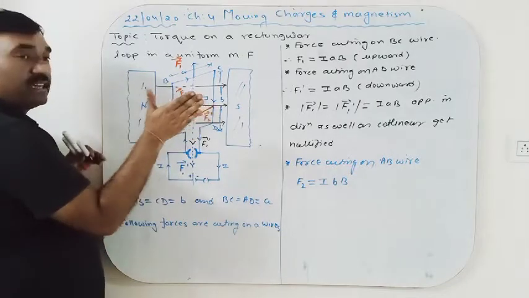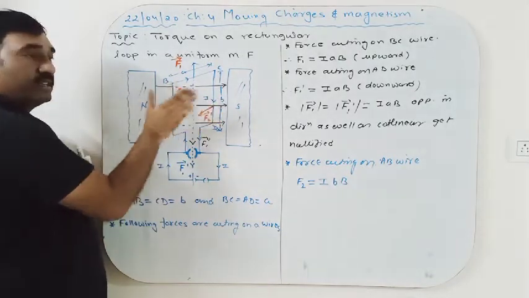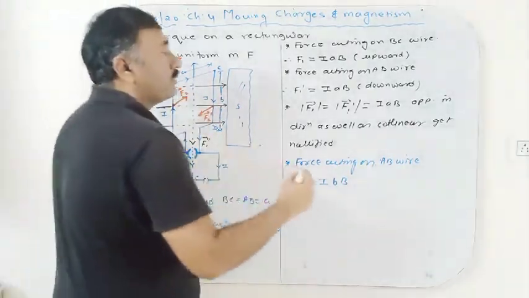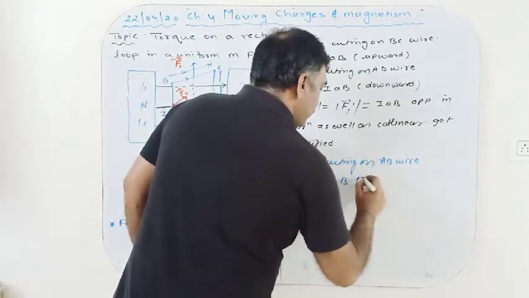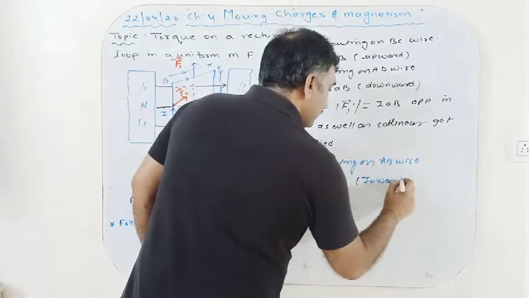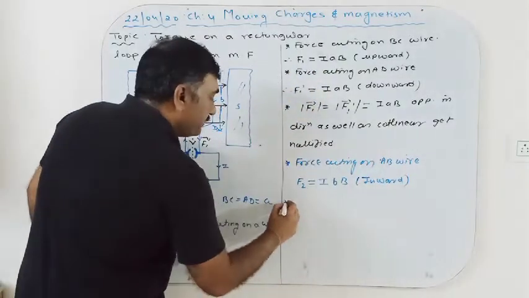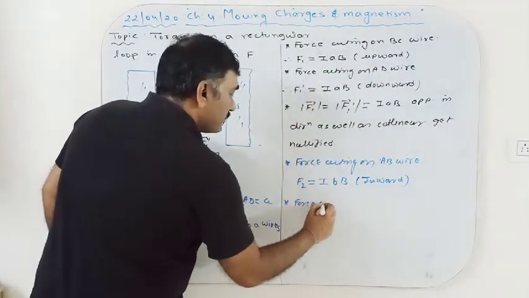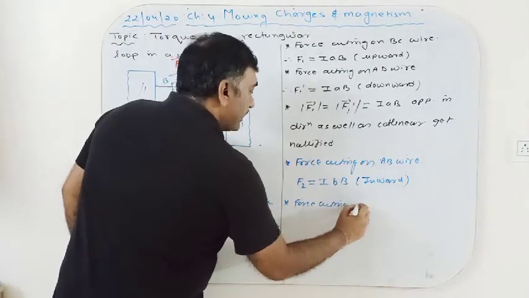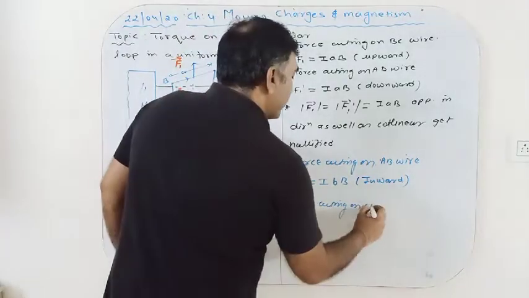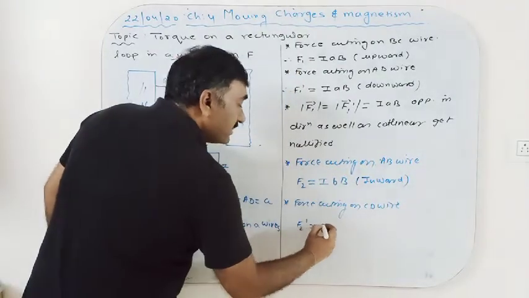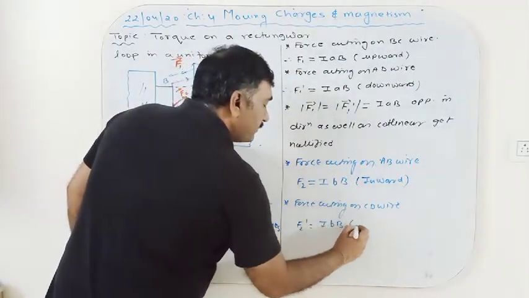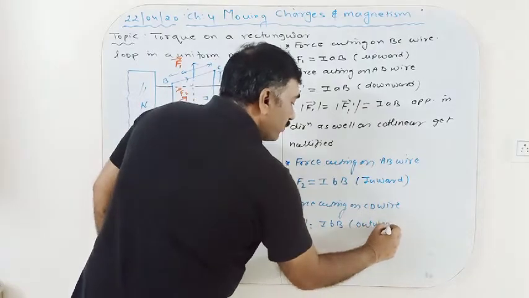Inward, because it is in the direction of the palm, and the palm is facing this whiteboard. So we can write it is inward. Similarly, the force acting on the CD wire is F2 dash, equal to IBB, and that is outward.